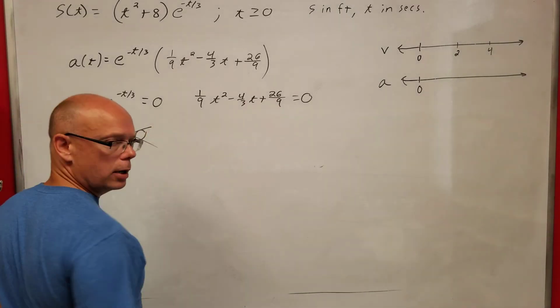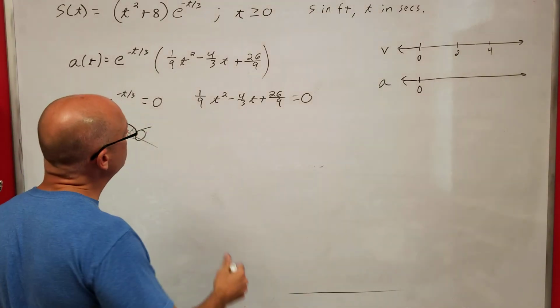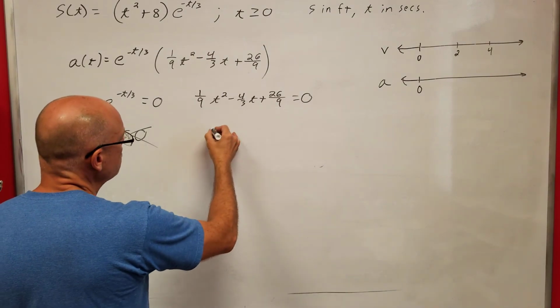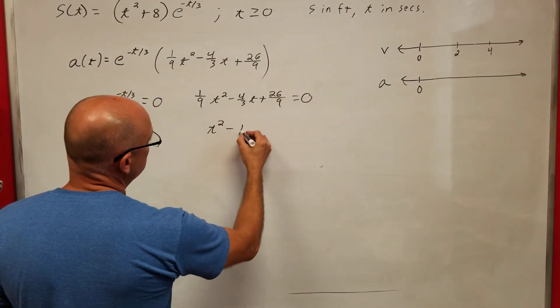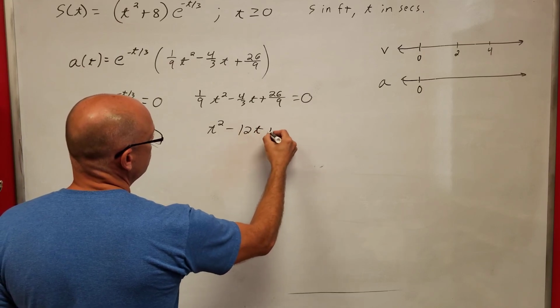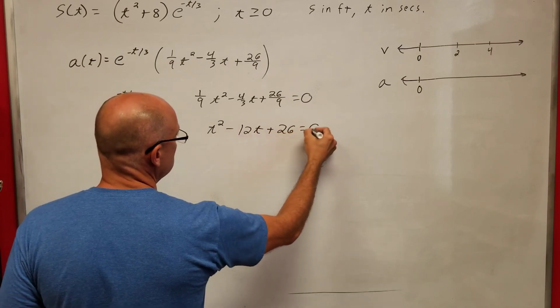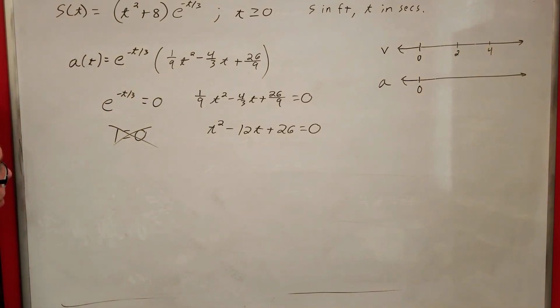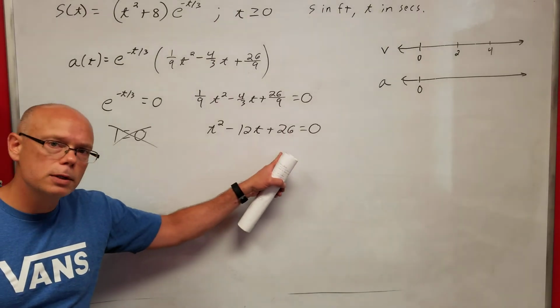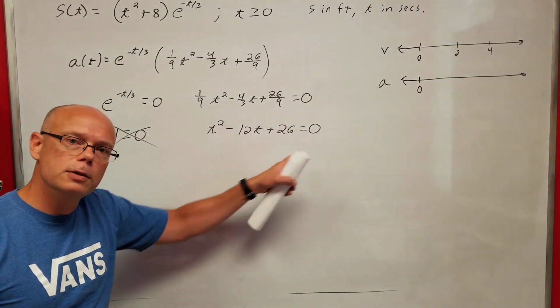Let's solve this equation. What if I multiply both sides by 9 to clear my fractions? I get t squared minus 12t plus 26 is equal to 0. Oh no, I can't factor that, can I? So if I can't factor it, what do I use? What's that beautiful thing you love using?